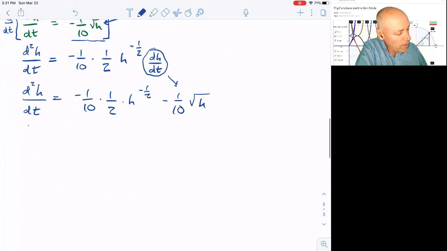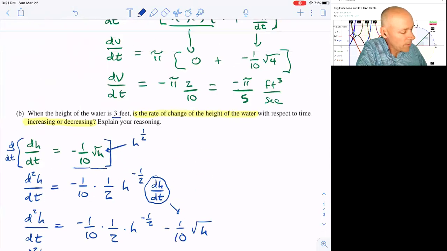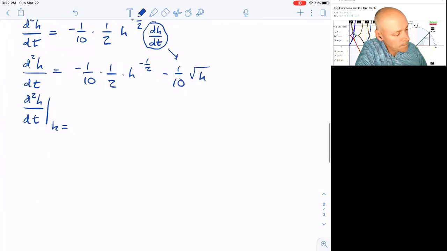So now I want to know d²h/dt² when h is equal to 3. So I drop this in, I have negative 1/10 times negative 1/10, that's going to be positive.